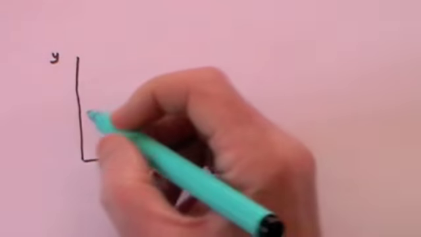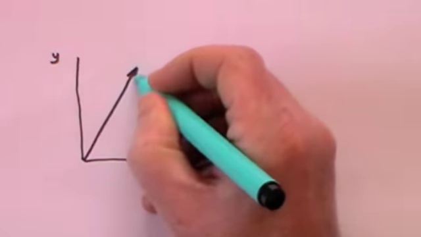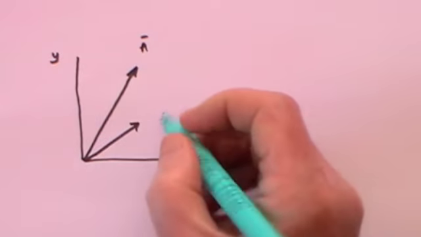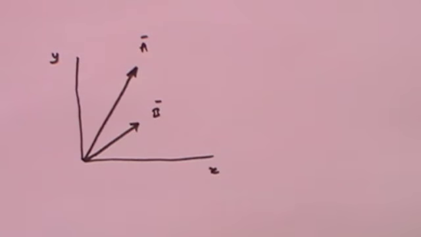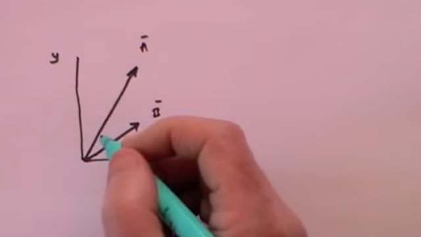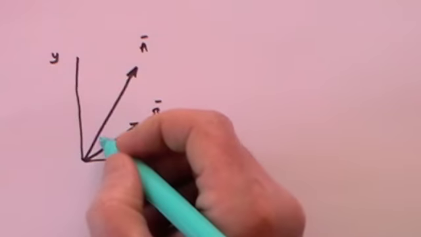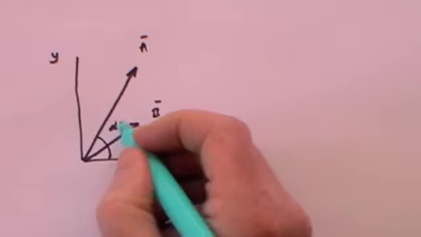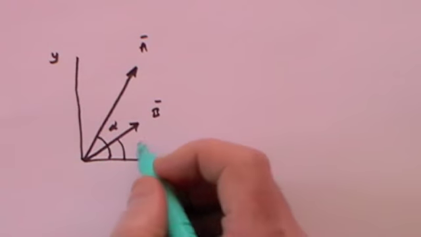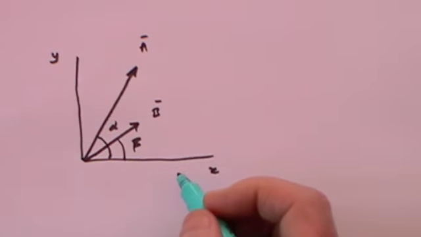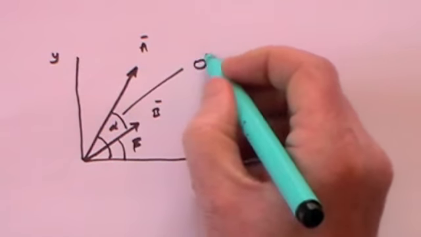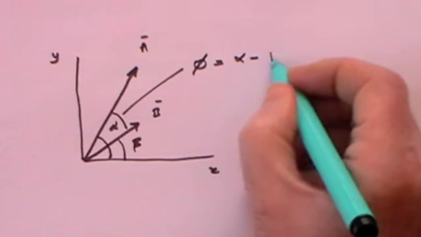And I'm going to have two vectors, A and B. So that's A, this is B. A is at an angle alpha from the x axis, and B is at an angle beta from the x axis. And of course, the difference between the two, which is the angle between them, is alpha minus beta.